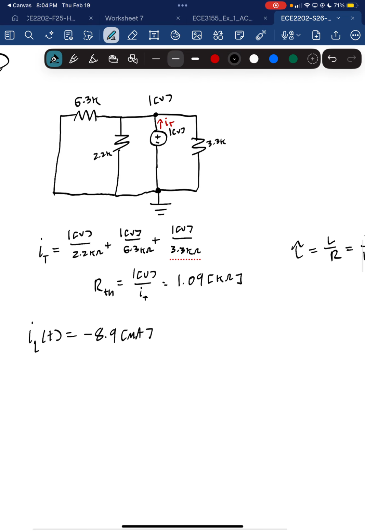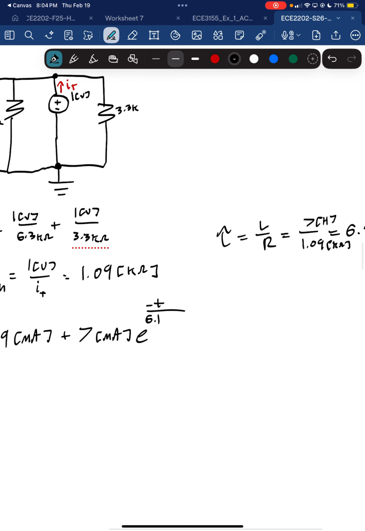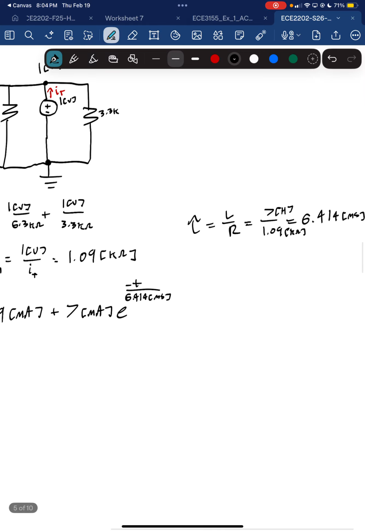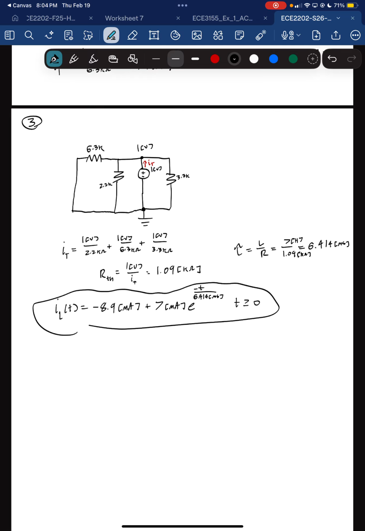So you get plus 7 milliamps e to the negative t over tau, which is 6.414 milliseconds. And that is for t greater than or equal to 0.